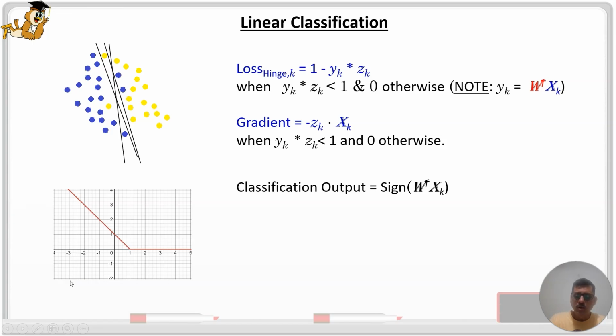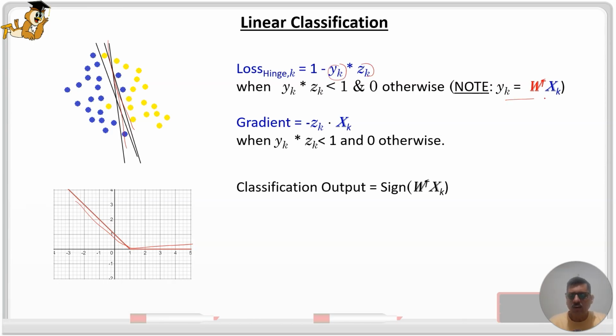Okay, now because I am going to contrast probabilistic models with our old linear classifier that we studied many lectures ago, let's just do a quick recap. Remember, we were trying to come up with the ideal linear separator, and we defined the loss function, which was a hinge function that looked like this. We defined the loss as 1 minus yk times zk.